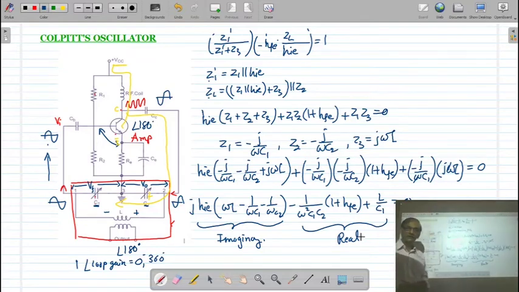But we know that for a sustained oscillation in the Barkhausen criteria, the loop gain is always real, that is K into AB is equal to 1. It means that our imaginary part has to be 0. So when we write the imaginary part equal to 0, then you will get the frequency of oscillation. Correct?